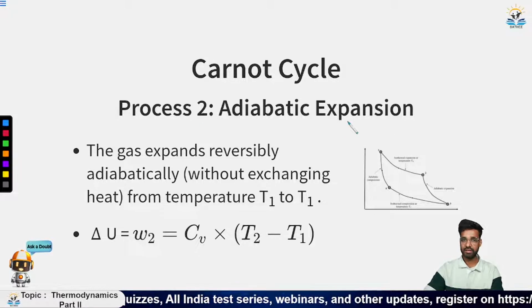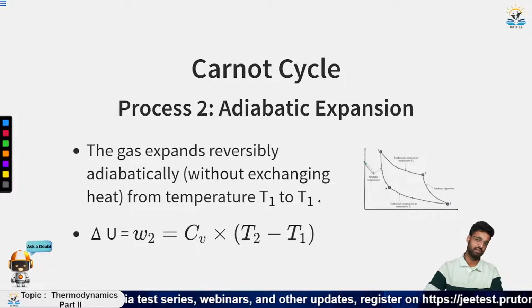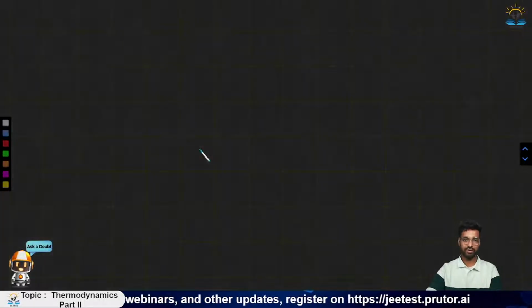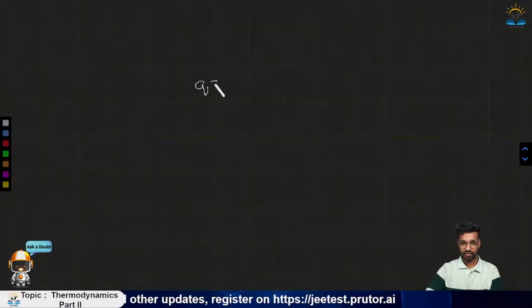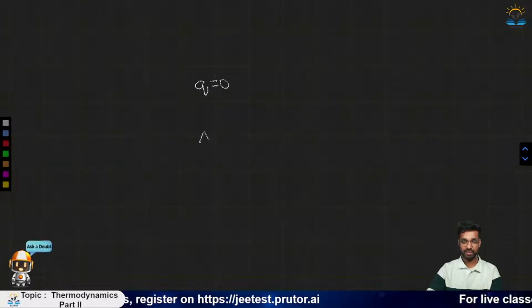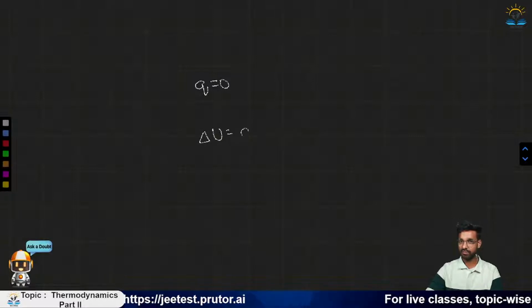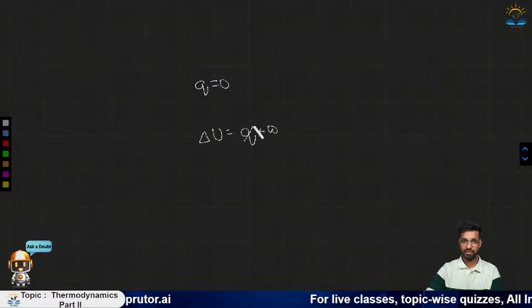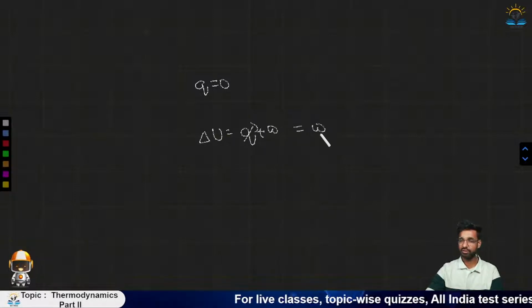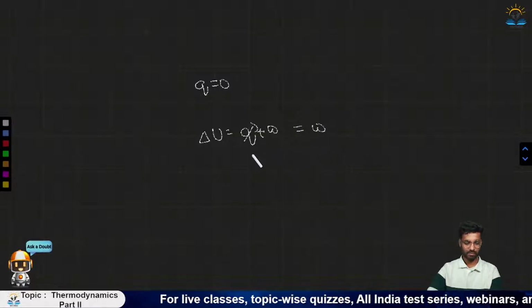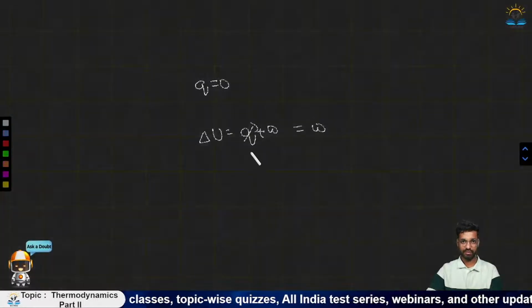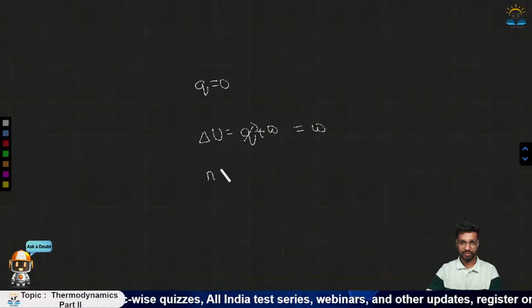Next is the adiabatic expansion. Since it is adiabatic, Q is equal to 0, and we know that delta U is equal to Q plus W. Since Q is equal to 0, delta U is equal to W. Now, delta U is equal to nCv dT.